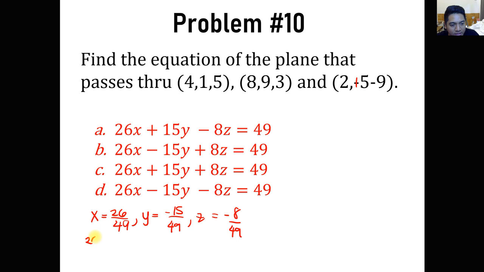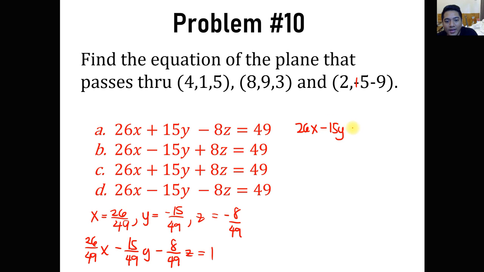So that would be 26 all over 49 of x minus 15 all over 49 of y minus 8 all over 49 of z equals 1. Multiplying it all by 49, you have 26x minus 15y minus 8z equals 49.